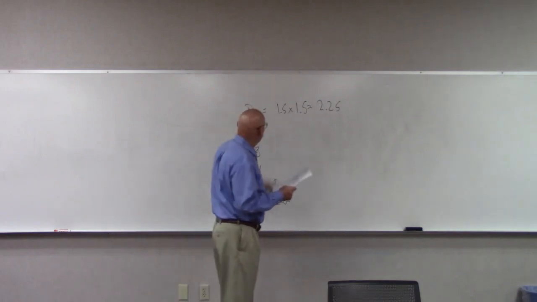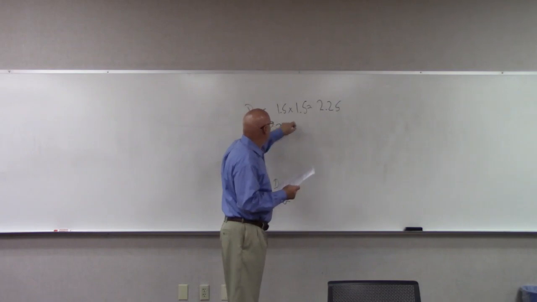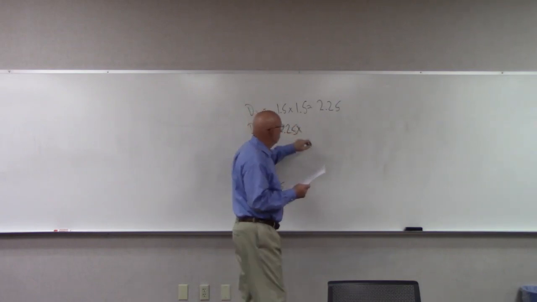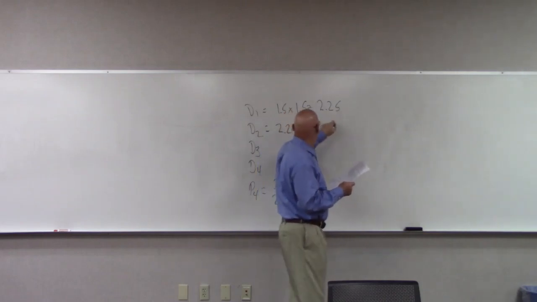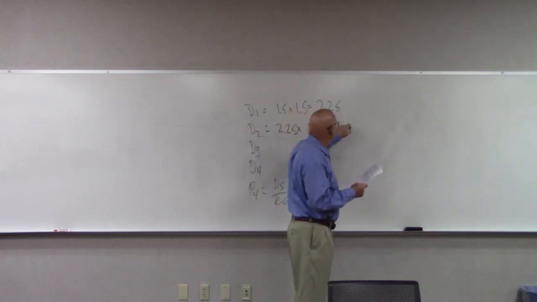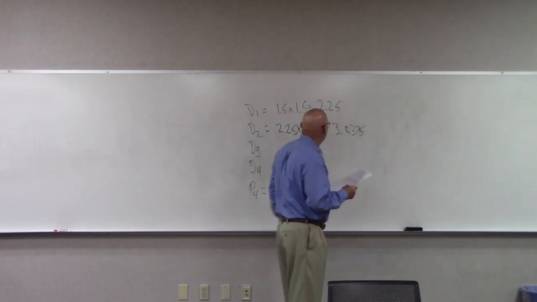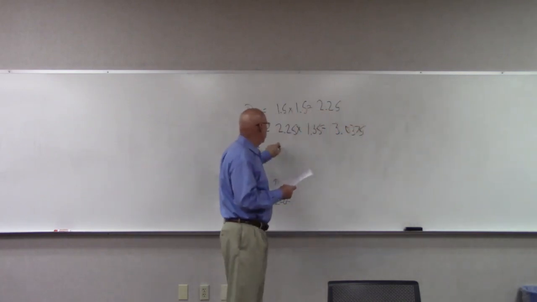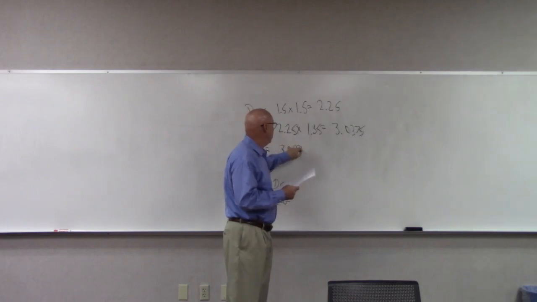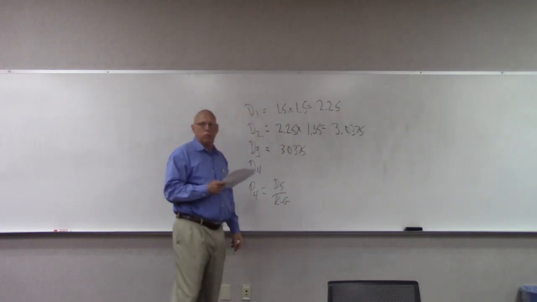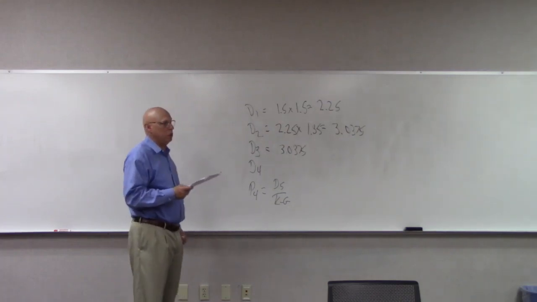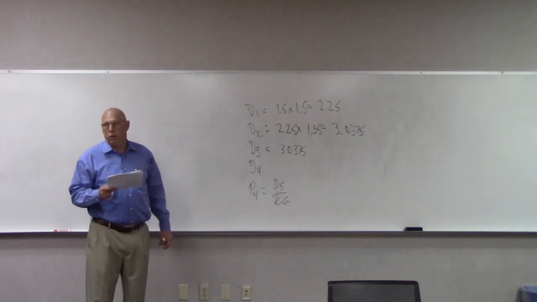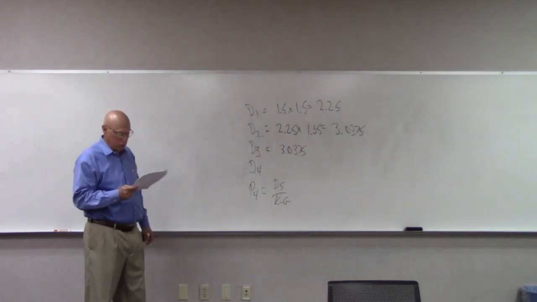D2 equals 2.25 times 1.35, and that is $3.0375. And D3 equals 3.0375. Be sure to make sure you're calculating these. I'm going to post the answers, so what you really need to be focused on is going through the calculations.